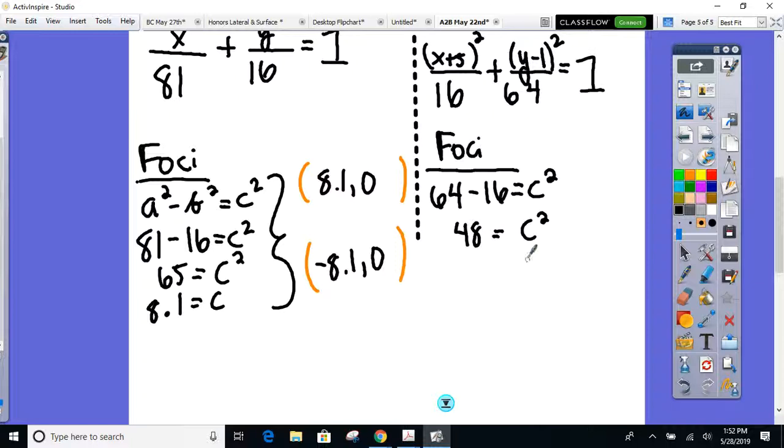Square root of 48. 6.9. All right, now I'm interested to see what you do here because it's not the origin anymore.